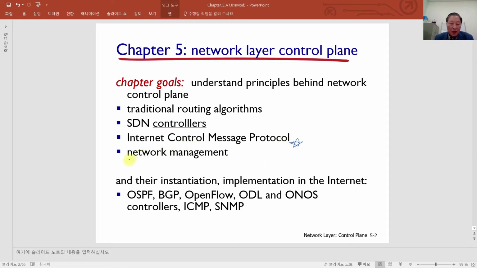And finally, network management, and their examples and implementation in the internet. These include the Routing Information Protocol, OSPF and BGP, and the new standard OpenFlow, ODL and ONOS controllers, ICMP, SNMP.